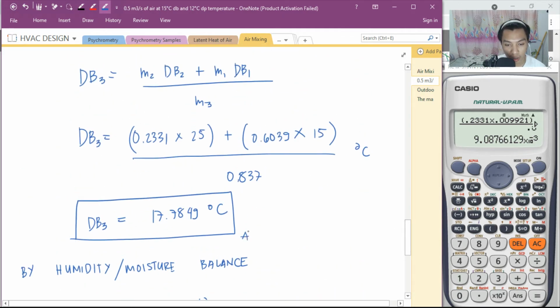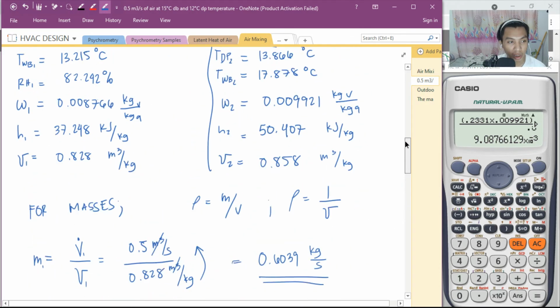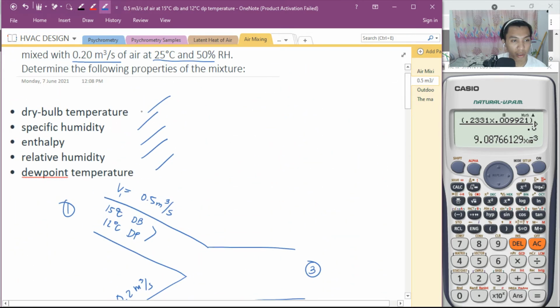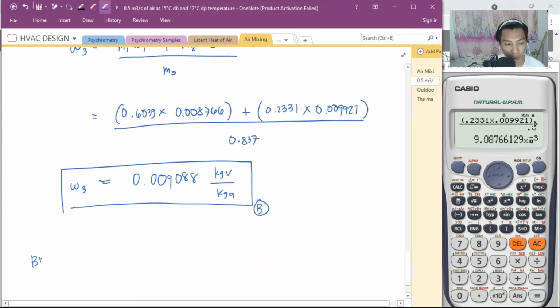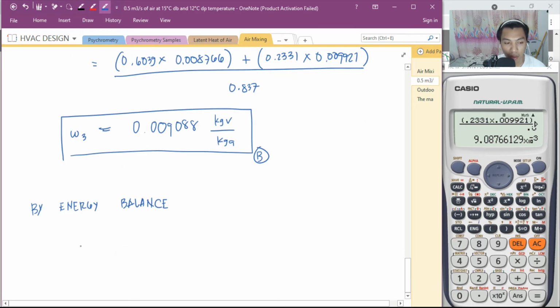Okay, solve natin si B. How about letter C? Ano yan? Check na to. Enthalpy by energy balance. Kasi energy yan eh. Okay? Ulitin mo lang. So, M3H3 is equal to M1H1 plus M2H2.